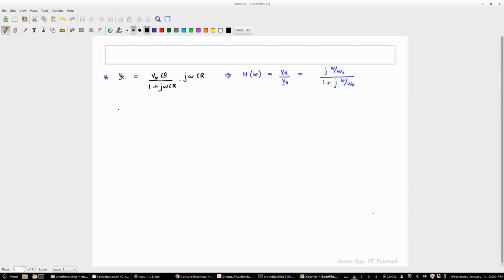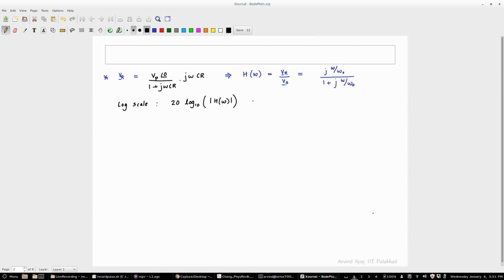Alright, so let's consider this particular function, and let's look at the situation for small and large omegas. The idea here is that we want to be able to write out an expression or plot the magnitude of H of omega without really having to calculate the exact magnitude of H of omega from this complex function.